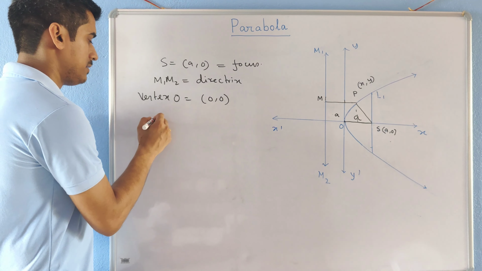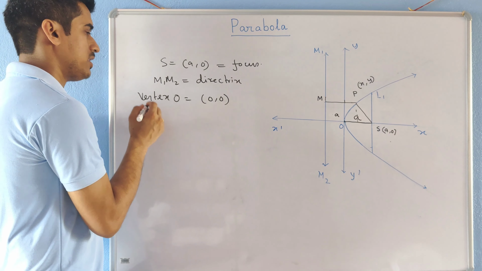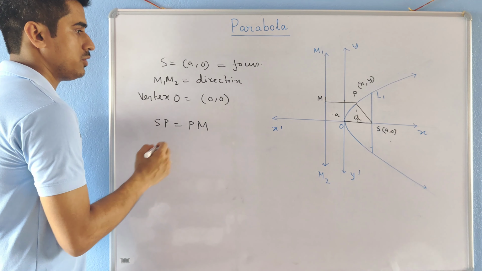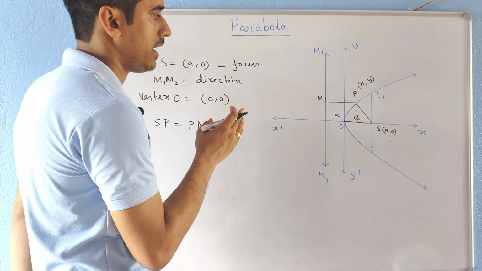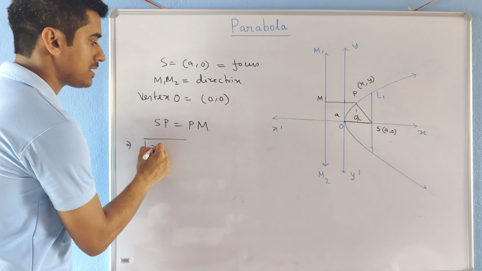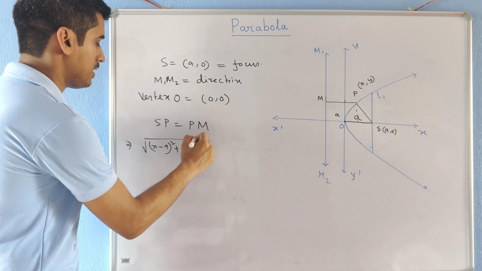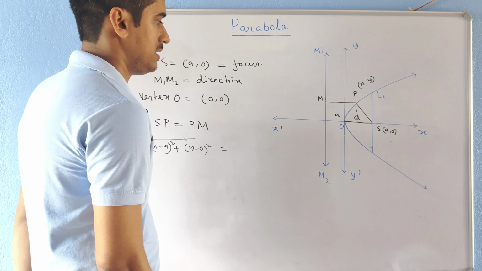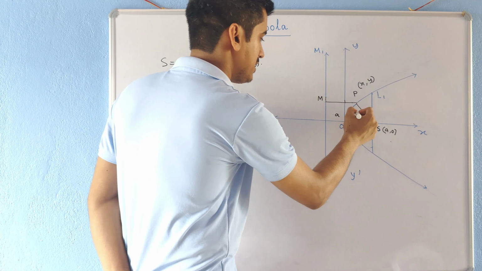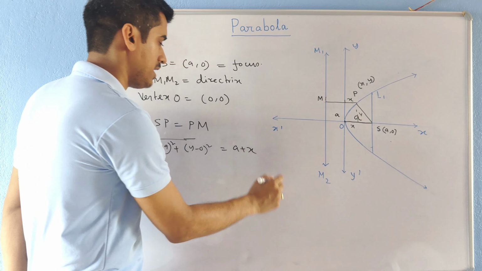Now let P x comma y be any point on the parabola. From the definition of parabola, SP equals PM. So SP, that is the distance between the point x comma y and a comma 0, is root over x minus a whole square plus y minus 0 whole square, and PM is this distance, a plus x.